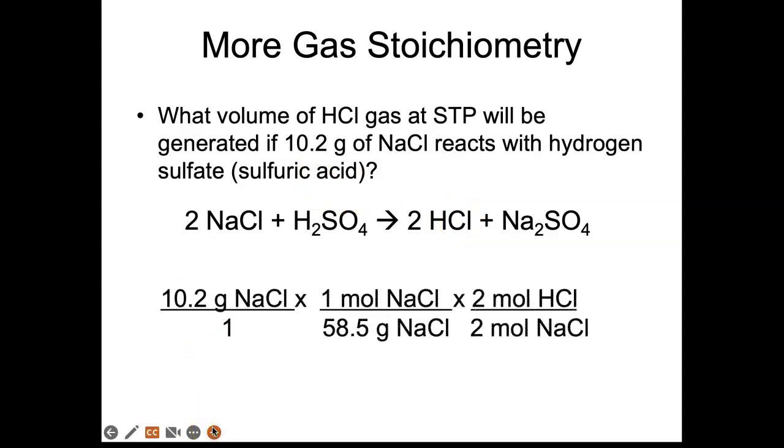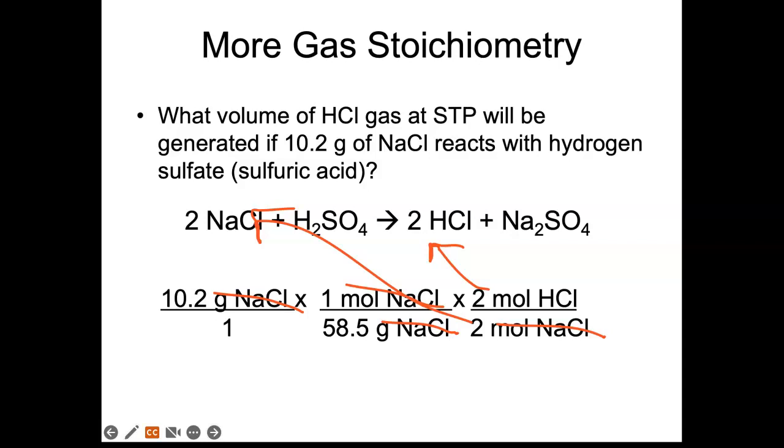All right, so again, look at what you're starting with. You've got to convert your grams to moles. And again, if you take a look, what's going to diagonally cancel out here, your grams of NaCl is going to be gone. And then your balanced equation tells you that 2 moles of HCl react with 2 moles of NaCl. And those moles of NaCl then are going to cancel out.